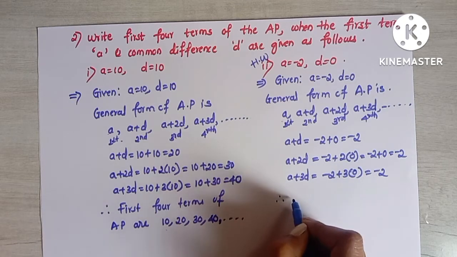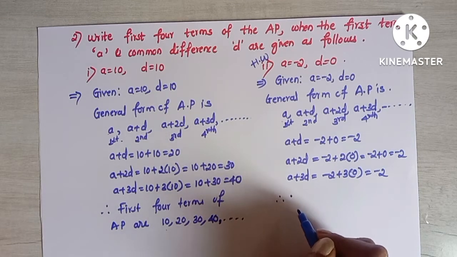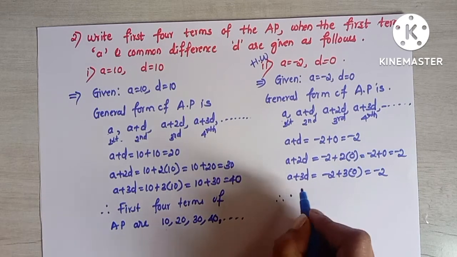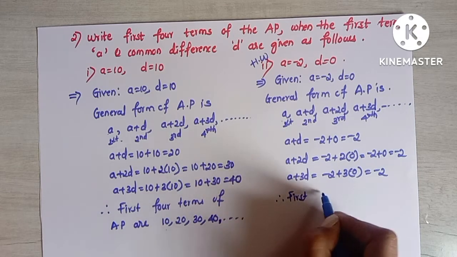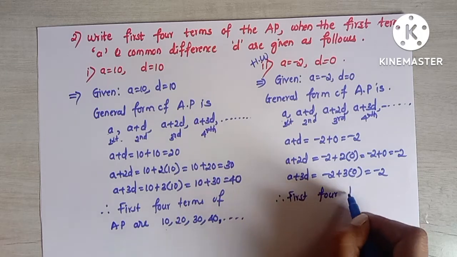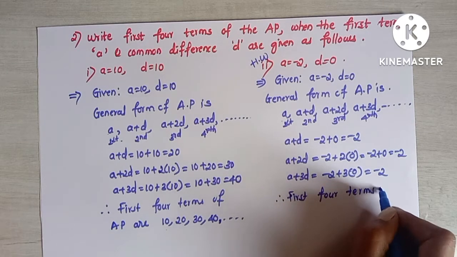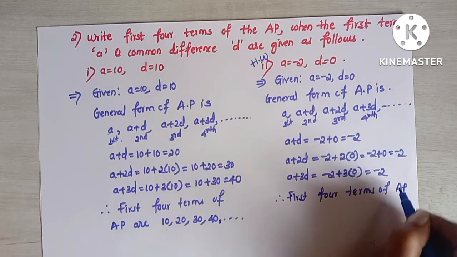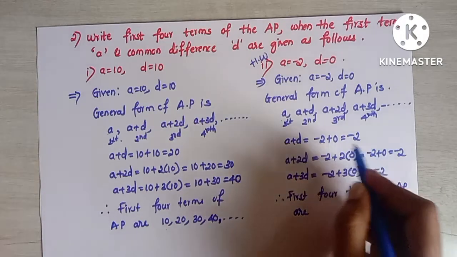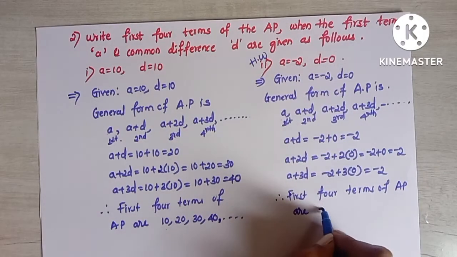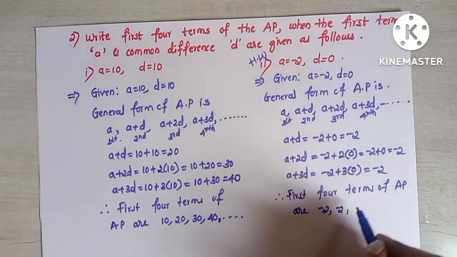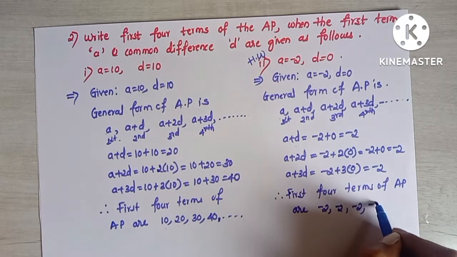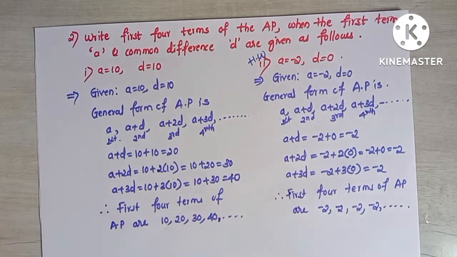Therefore, what we can write? First 4 terms of AP are, first term is minus 2, second is also minus 2, third is also minus 2 and fourth is also minus 2. Okay, like this we calculate.